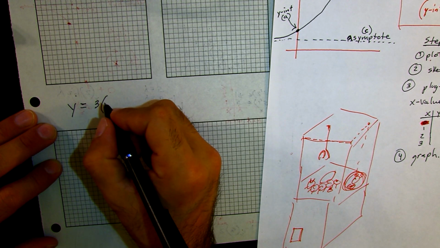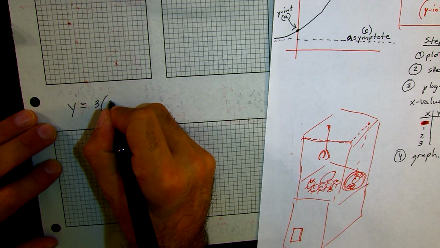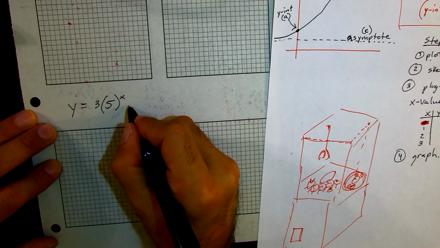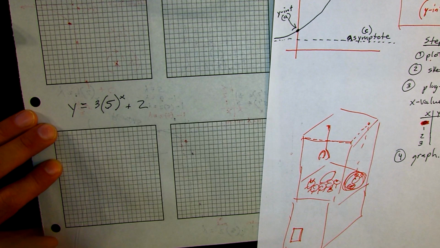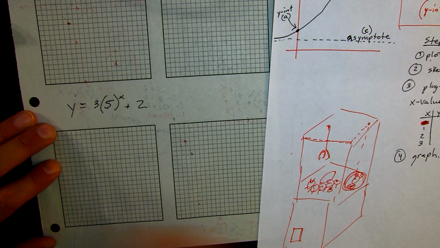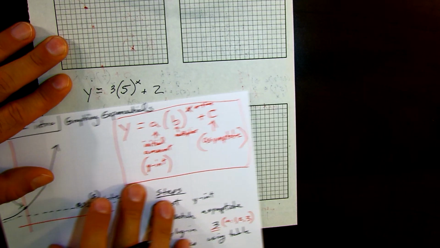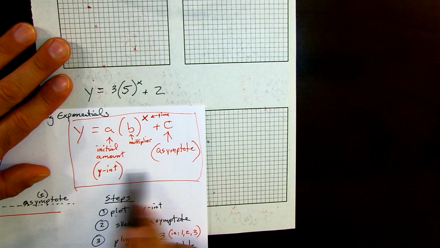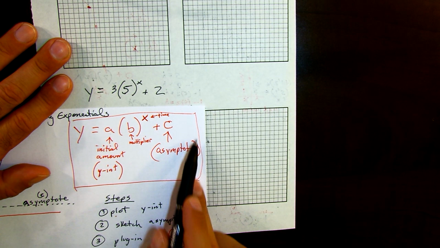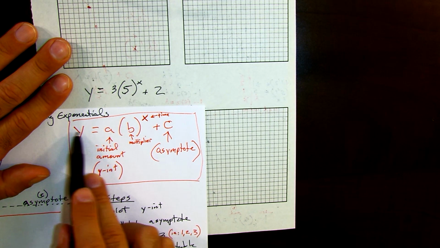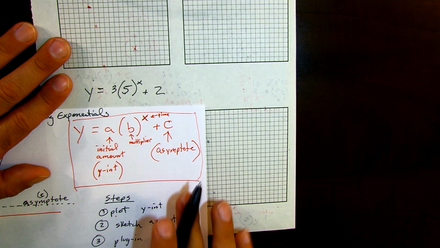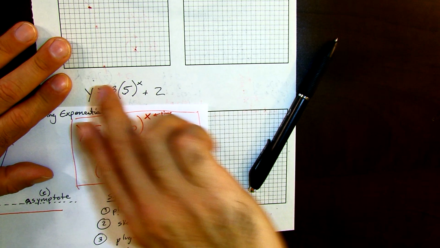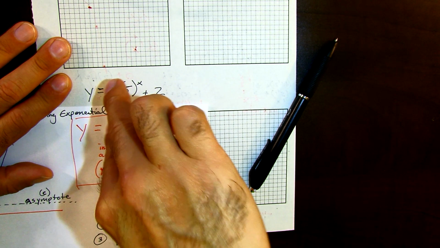y is equal to 3 times 5 raised to the x, plus 2. Okay, so the first step is to look at your standard formula for exponentials and figure out what each of these values represents.